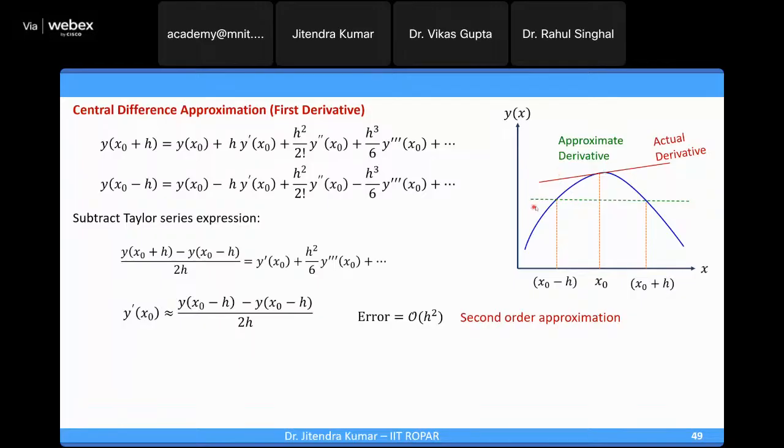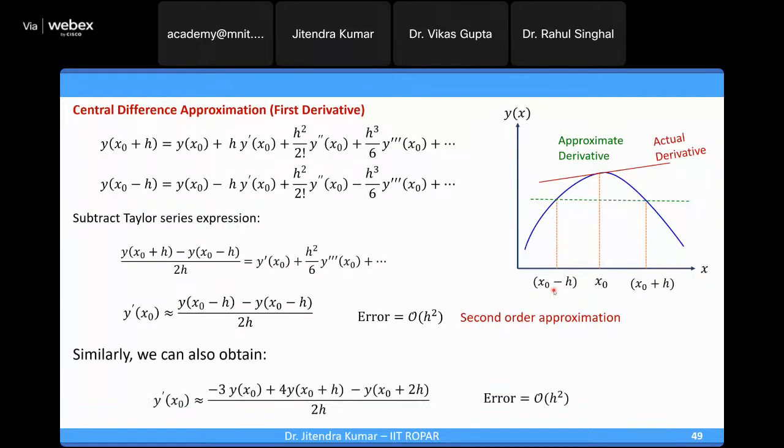In this particular situation you can see this makes more sense than the earlier one. They were very far away, but now the slopes of these two lines are pretty close. It depends on what function you have chosen, but in any case this central difference is second order accurate, so it will certainly give you better accuracy than those first order formulas.